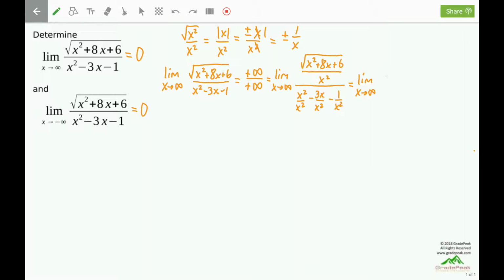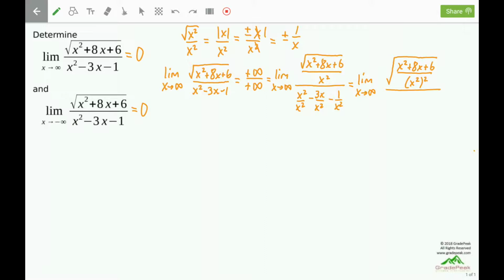In the numerator, the square root can extend over the x squared, by writing it as x squared squared, because the square root of x squared squared will be x squared.